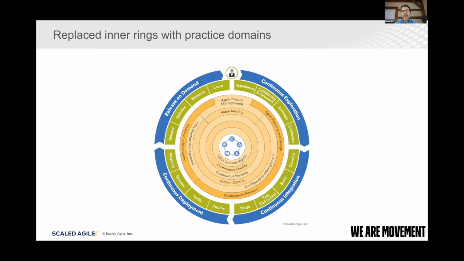And then we replaced the inner rings with these practice domains. This is the organizing framework. So we have the DevOps health radar, and that's good for assessments and tracking your maturity levels from baseline to target and over time.